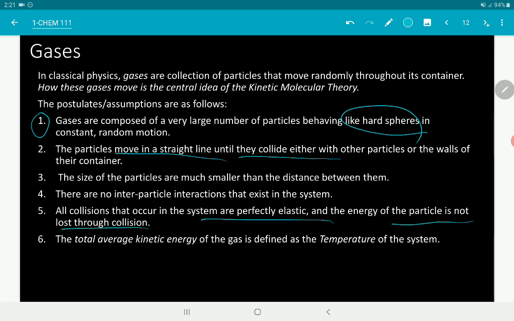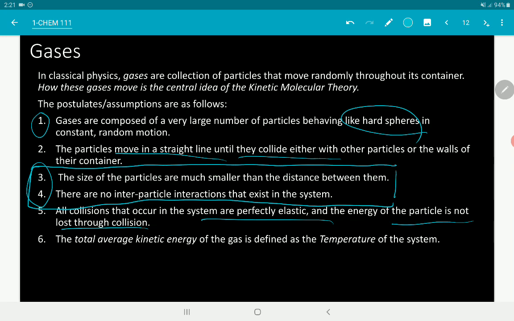So, 3 and 4 are actually the main assumptions of the ideal gas law. The ideal gas law states that the size of the particles is much smaller than the distance between them and there are no IMFA that exist in the system.